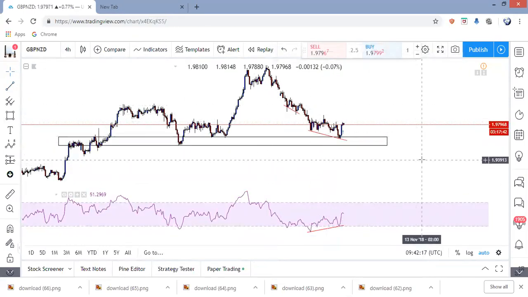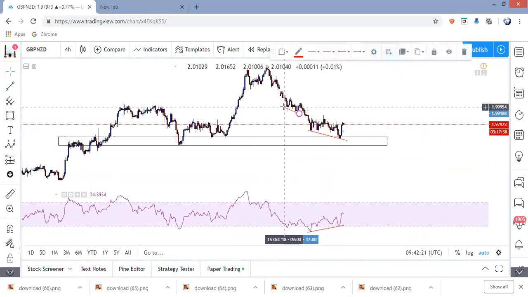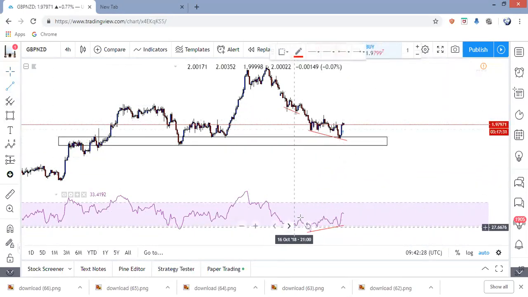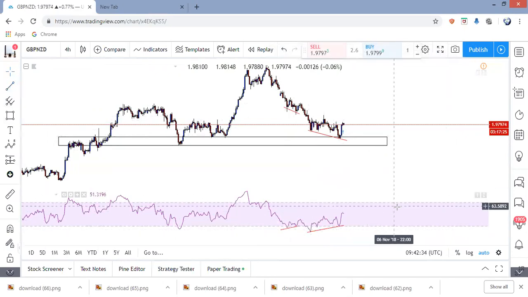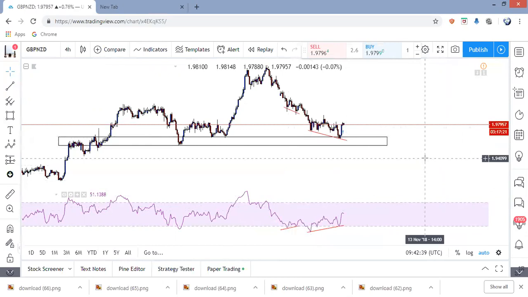And then we get that one there. Now, what we're looking for here as well, we have another divergence there. See? So those are perfect divergences.